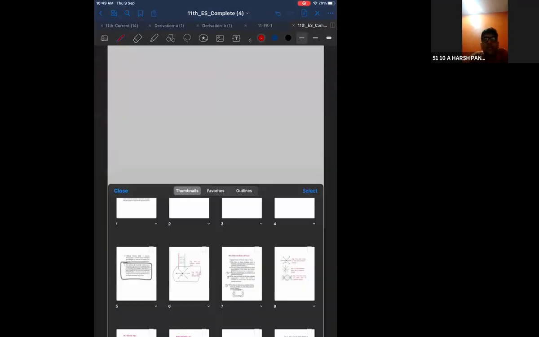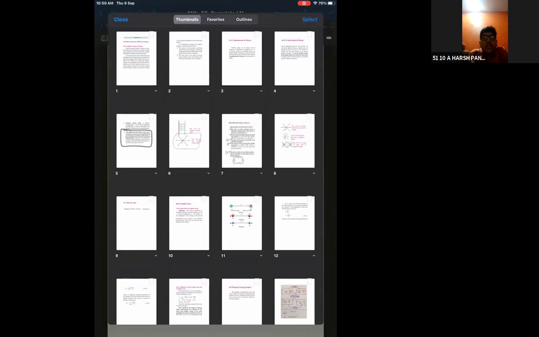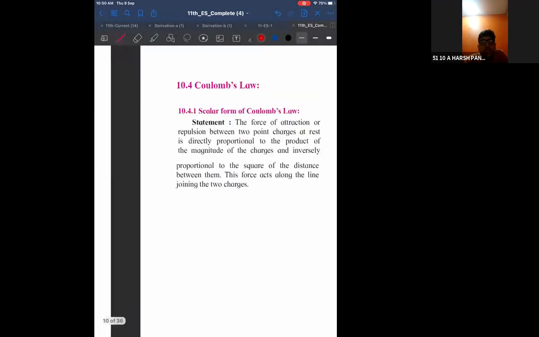Third point, the lines of force do not pass through conductors. Then, lines of force of a uniform electric field are parallel to each other.